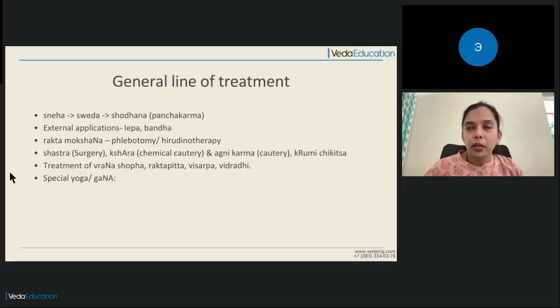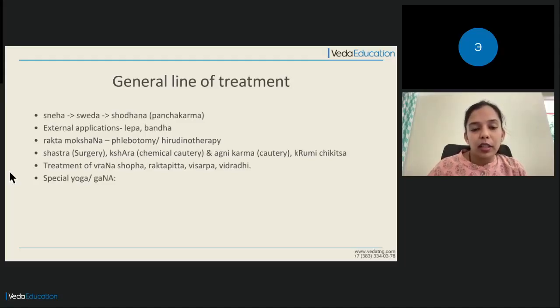And depending upon the specific presentation, if it has a proper cyst, then treat it like a cyst, or if it is a fibroadenoma, we have to treat it like a fibroadenoma swelling.